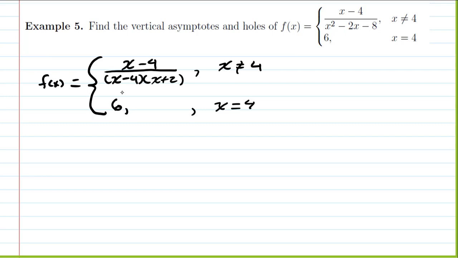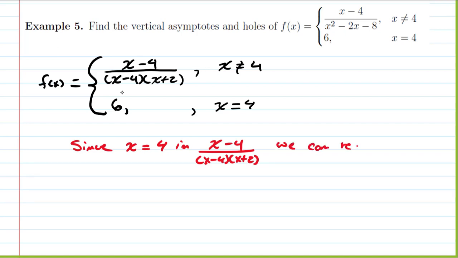So since x cannot equal 4, we can reduce to one over x plus 2.